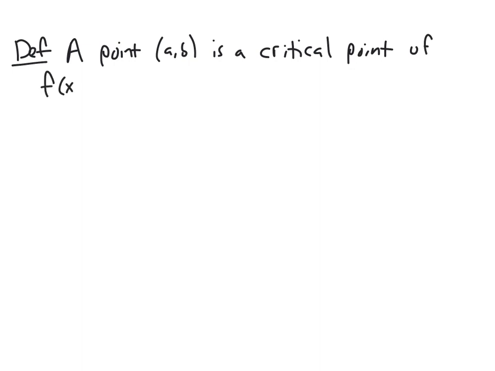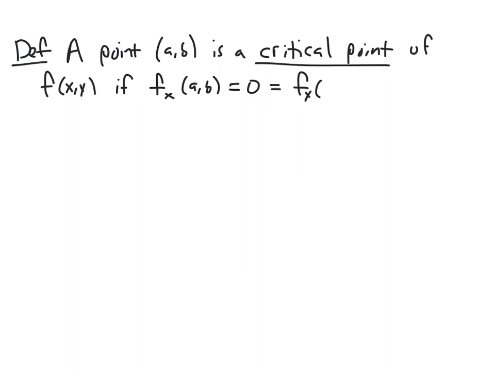So we're going to define a point (a, b) to be a critical point of our function f of x, y. So we're defining critical point. It will be a critical point of f of x, y if the partial of f with respect to x at (a, b) is equal to 0, which is also equal to the partial derivative with respect to y evaluated at (a, b).